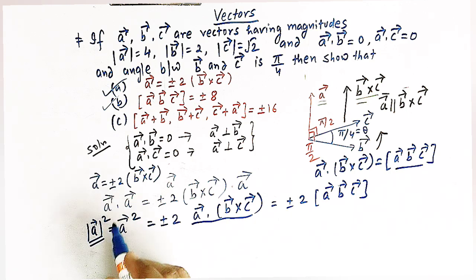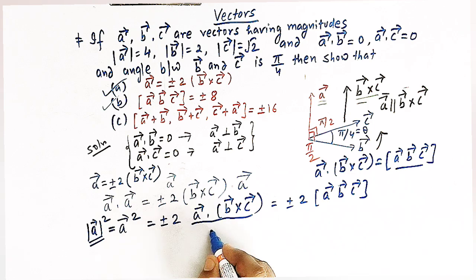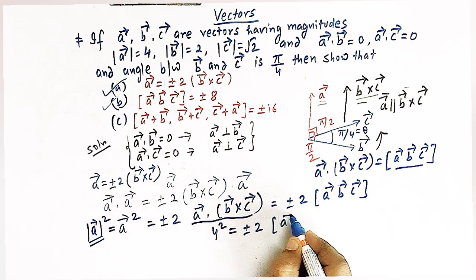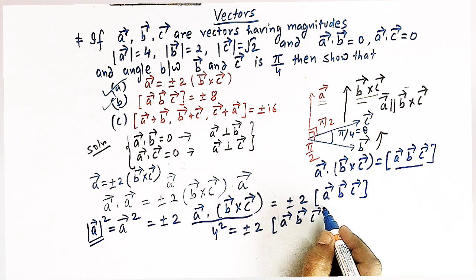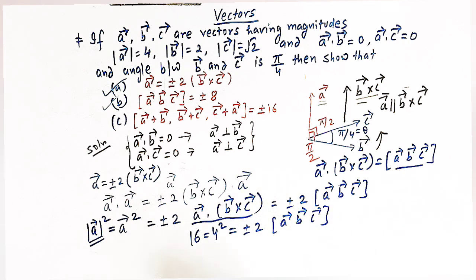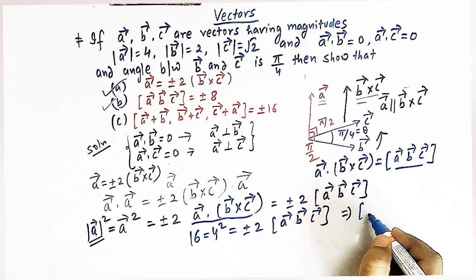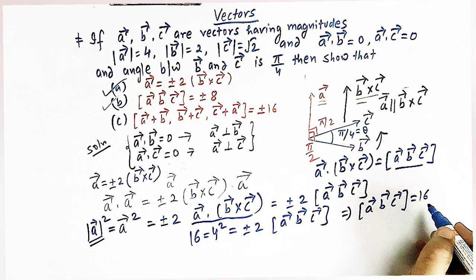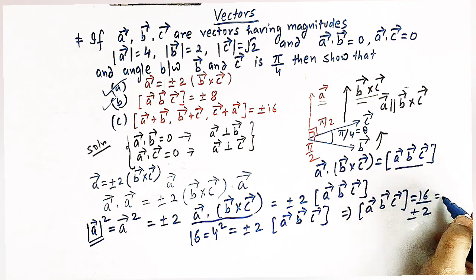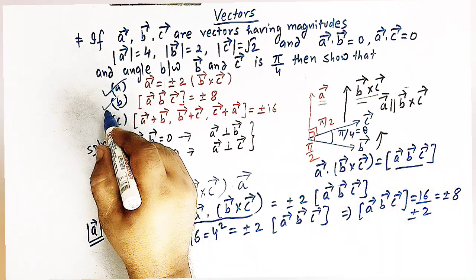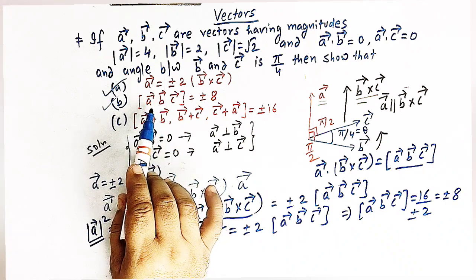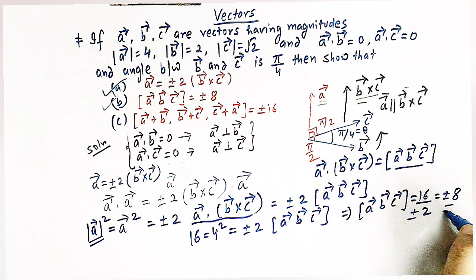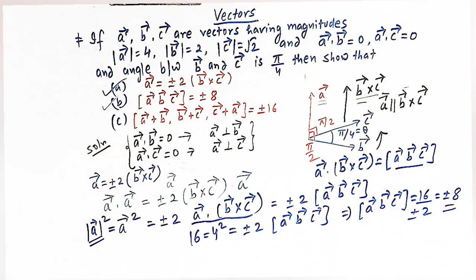The magnitude of vector A is 4, so we have 4 square, and here we have plus minus 2 and A, B, C. So 4 square is 16. So we can now write bracket A, B and C is equal to 16 over plus minus 2, that is plus minus 8. So the scalar triple product of vectors A, B and C is given by plus minus 8. So this is our second result.